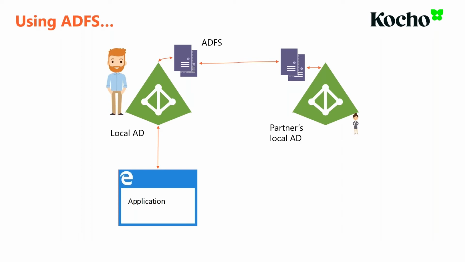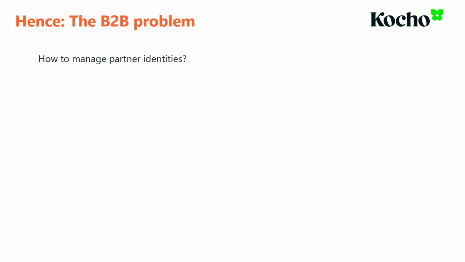But what this requires is for each company involved in this scenario to have their own ADFS infrastructure, servers and firewalls, and to set up a new relationship with every new company that gets involved in federation like this. So it's complex and it's costly.